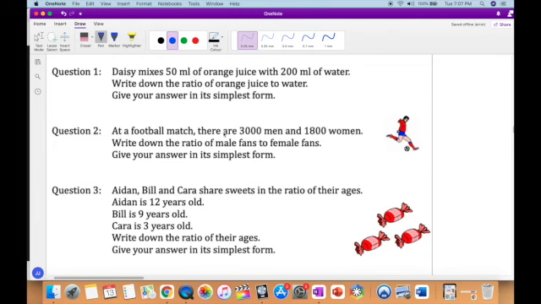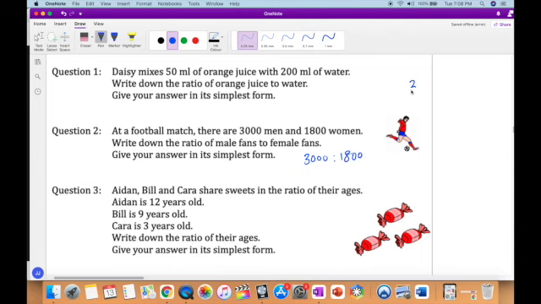A football match, there are 3,000 men and 1,800 women, right? Write down the ratio of male fans to female fans. Well, I have 3,000 male fans to every 1,800 female fans.